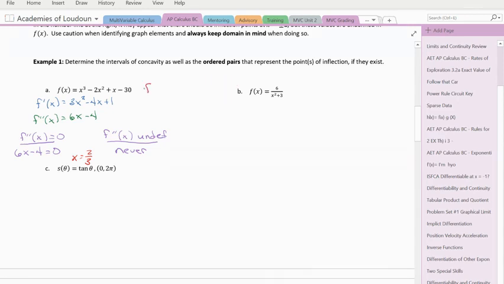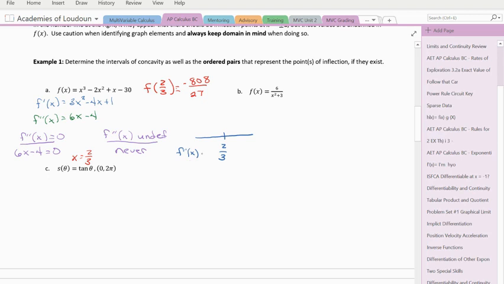Okay, so then when we substitute in f of 2/3, we end up with -808 over 27. No, this is not one that I would expect you to be able to do without a calculator. This is going to be our second derivative test.